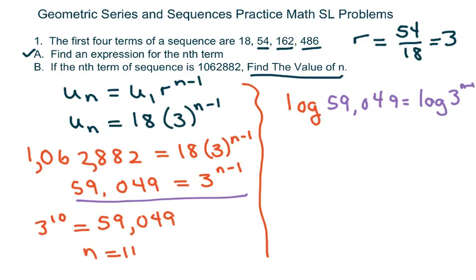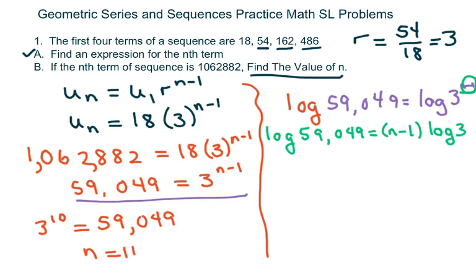Now, using my power property for logs, I'm going to bring this n minus 1 down. So log of 59,049 equals n minus 1 times log of 3.